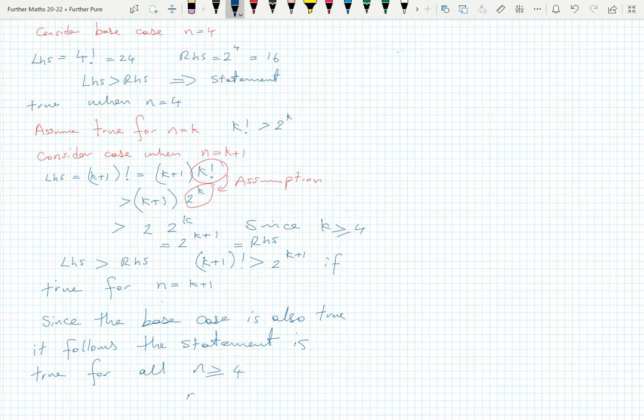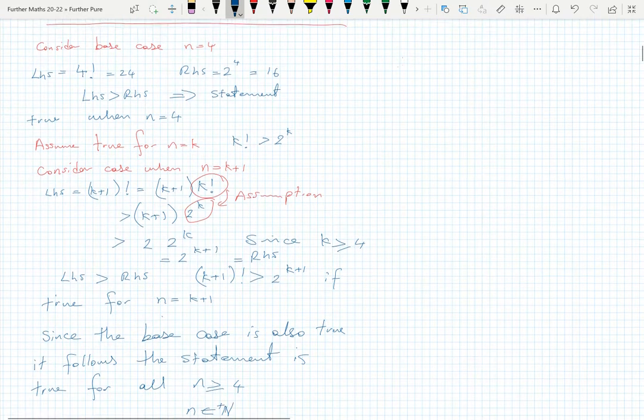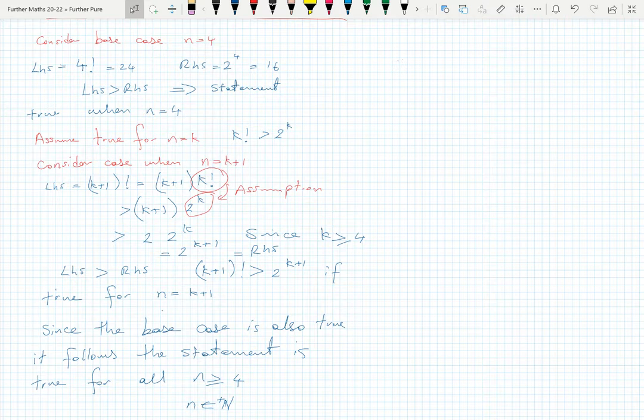And we are assuming, of course, that n is a positive integer or positive natural number. But at this level, it's probably not necessary to say that for this proof, but strictly speaking, we should.